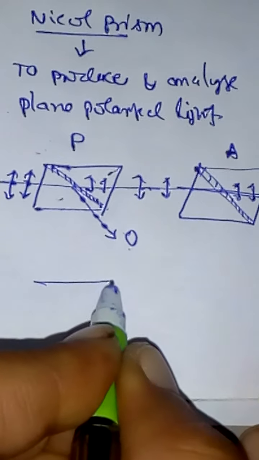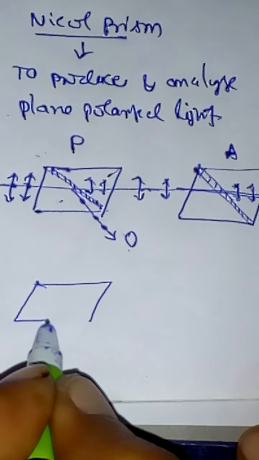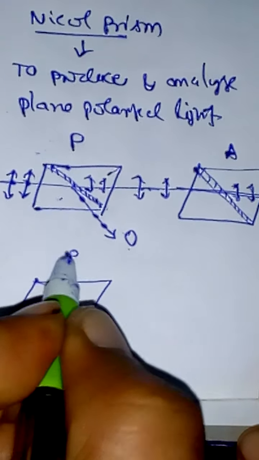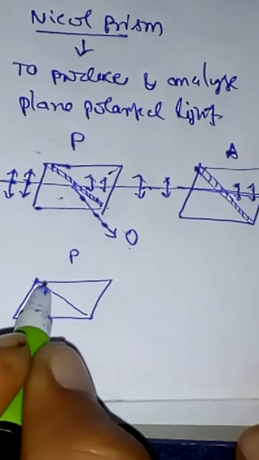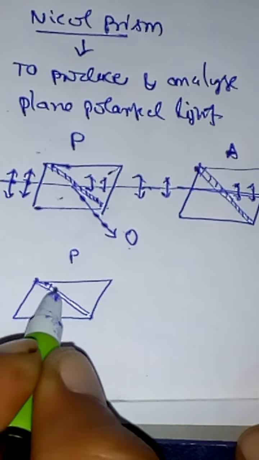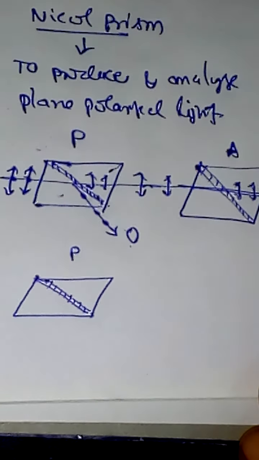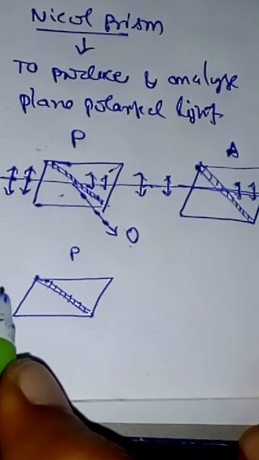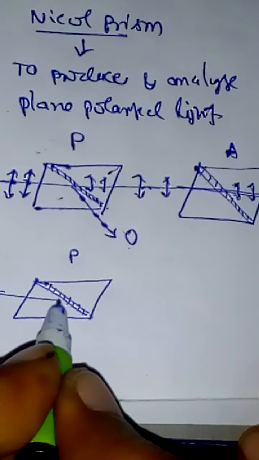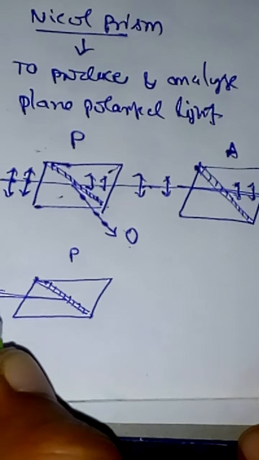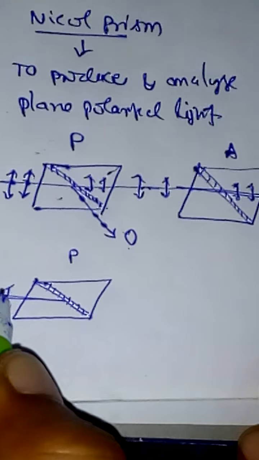Now let us see the same thing. This is the polarizer. This is the Canada balsam layer, CB we are talking about, separating the rarer and denser. An unpolarized light is falling.